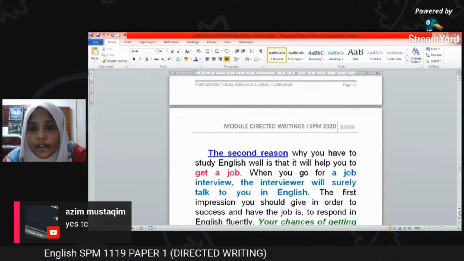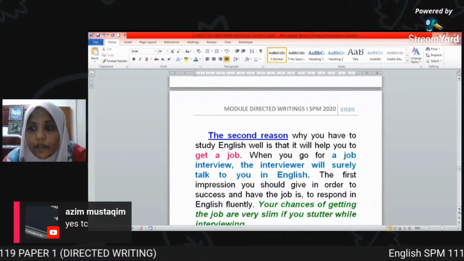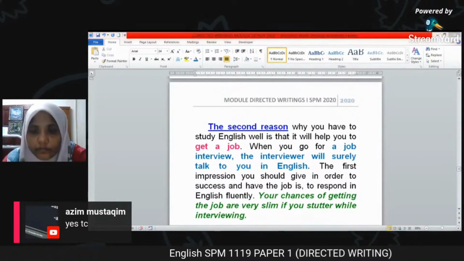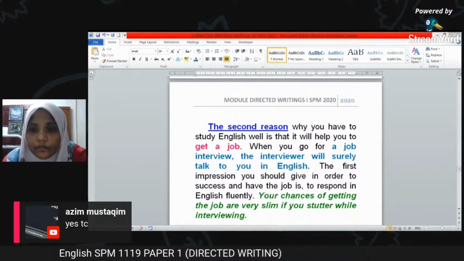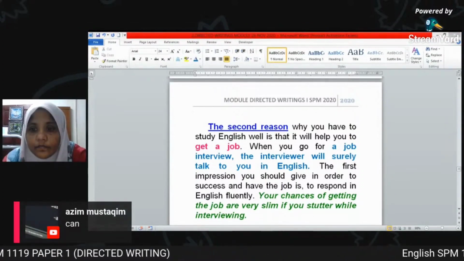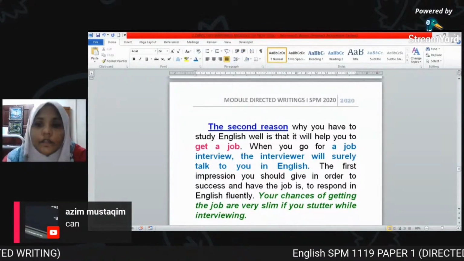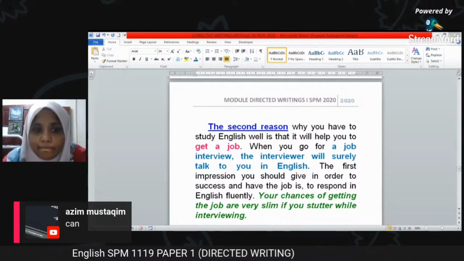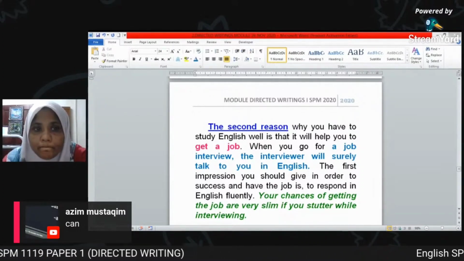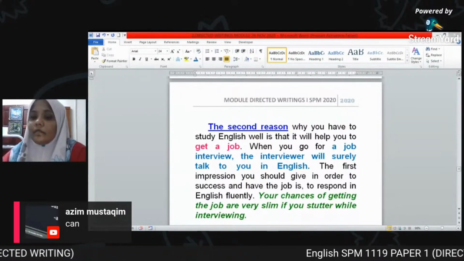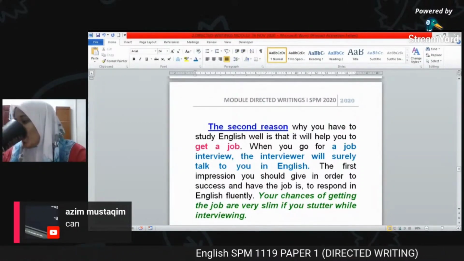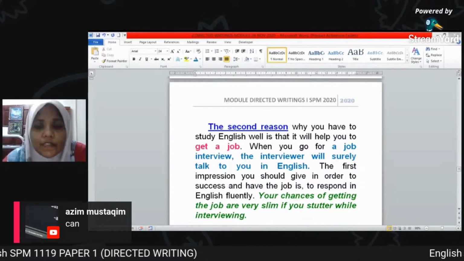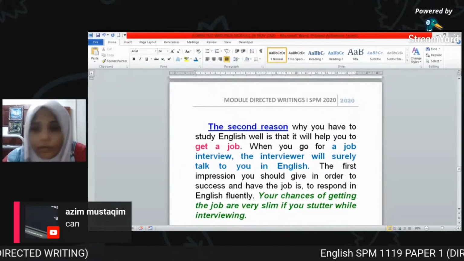Okay, the next paragraph is the second reason. Now, why is it dark blue? Anyone? Dark blue is referring to what? I've told you earlier.